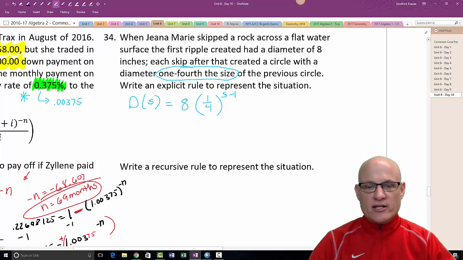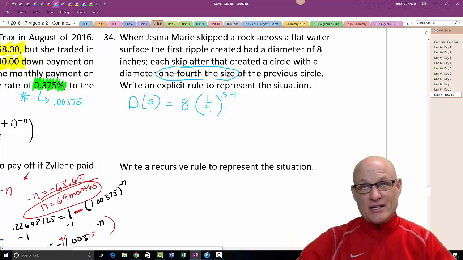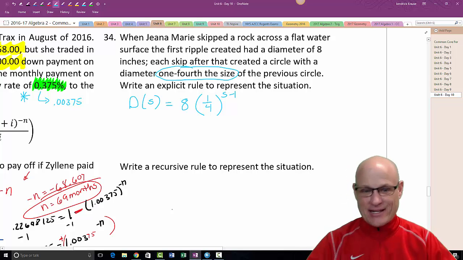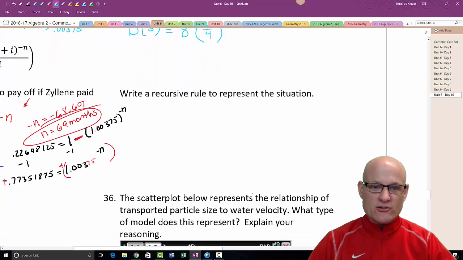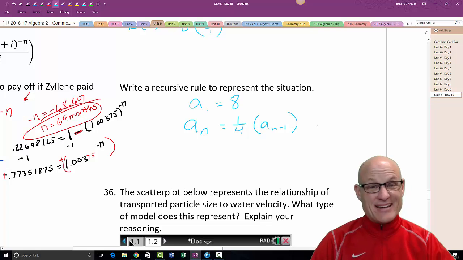If you put a 1 in there, on that first skip, that ripple should be 8. And if you don't put the minus 1, then you're really going to the second skip. So that's that one. Write the recursive rule. Okay. A sub 1 is equal to 8. A sub n is equal to 1/4 times a sub n minus 1. Believe it or not, that's it.